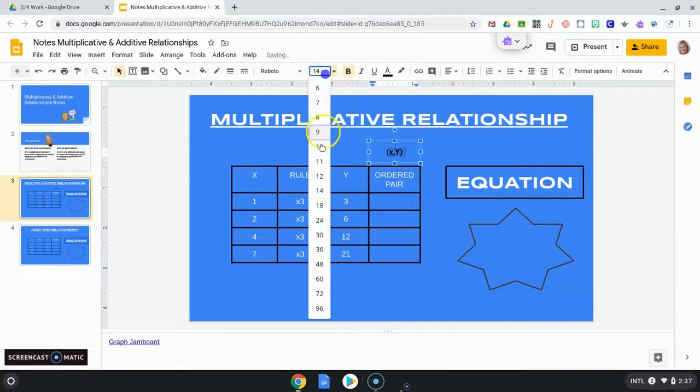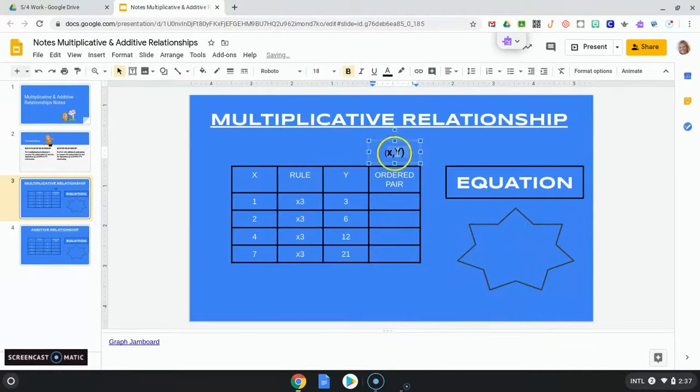Let me make those bigger so you can see them. This is how this column is going to look. I'm going to take my X value, which is 1, and my Y value, which is 3, and that makes the ordered pair (1, 3). I'm going to take my X value here, which is 2, and my Y value is 6.